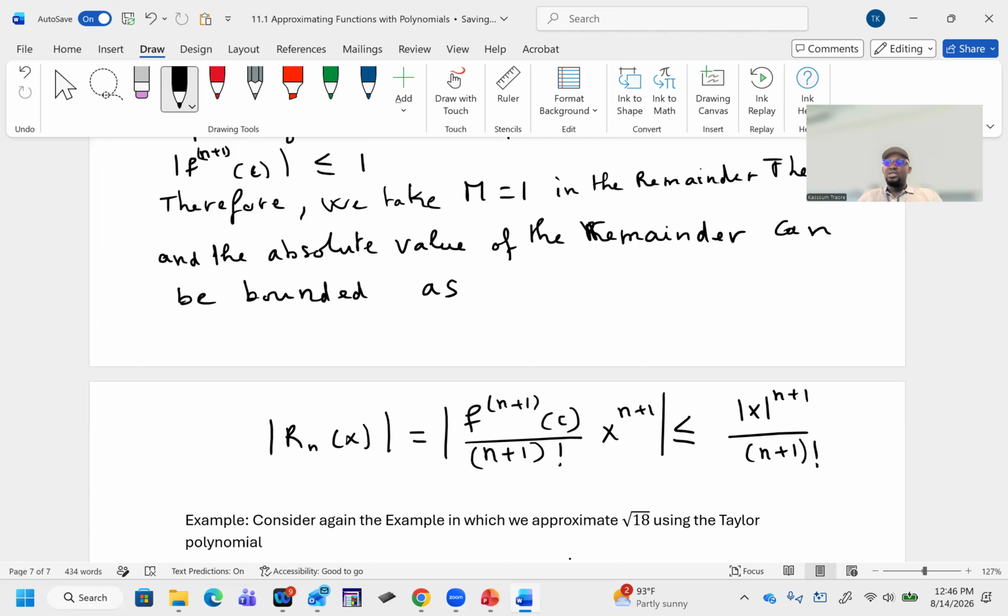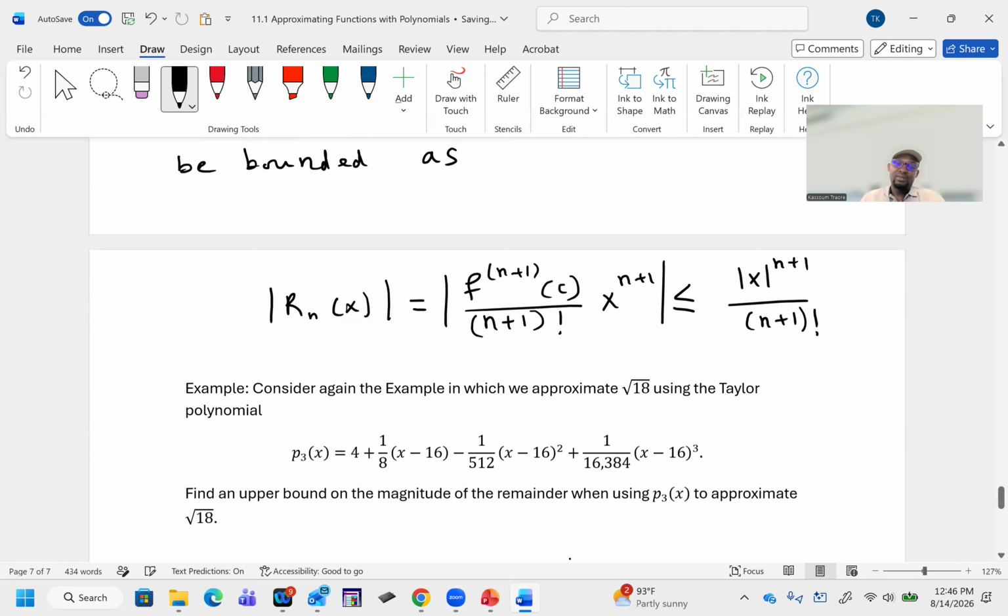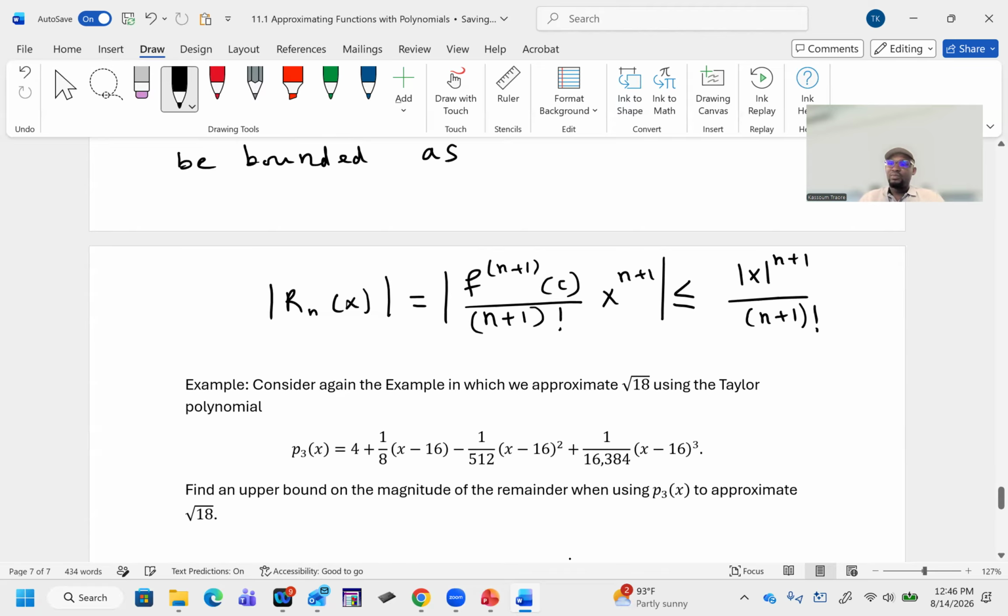Okay, so you can approximate cosine of 0.1 using the Taylor polynomial P sub 10, and the remainder will satisfy the bound. You can check those, okay? So let's move to this example.